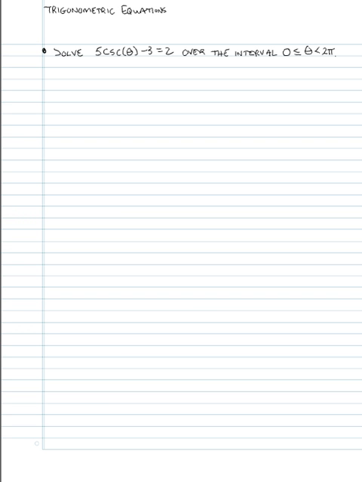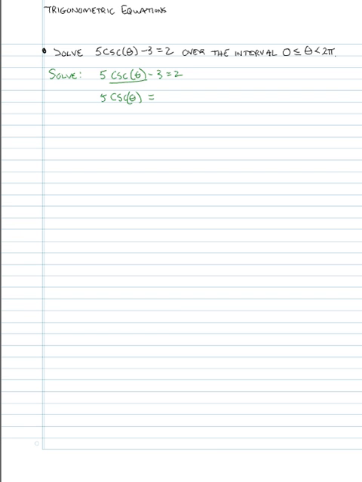but what we do first is isolate the trig function itself. And so in this case, we're going to add 3 to both sides first. So as we solve, if we're trying to isolate cosecant of theta, then we will add 3 to both sides.